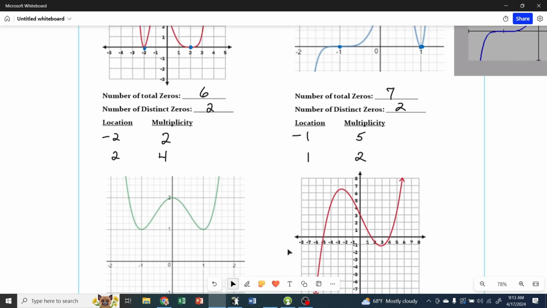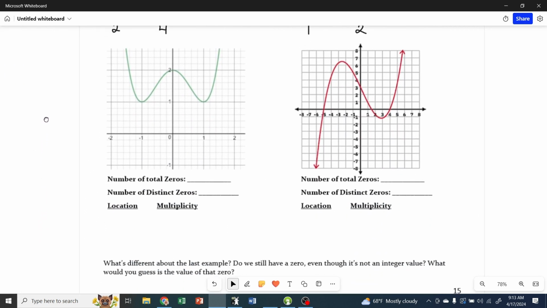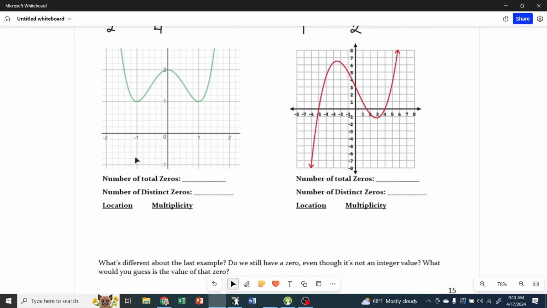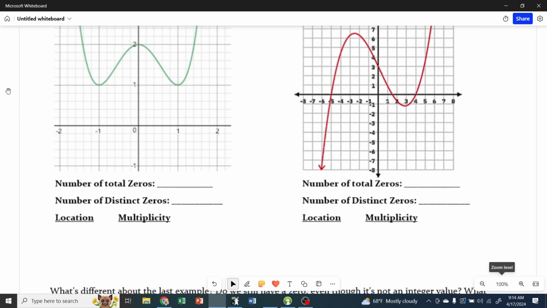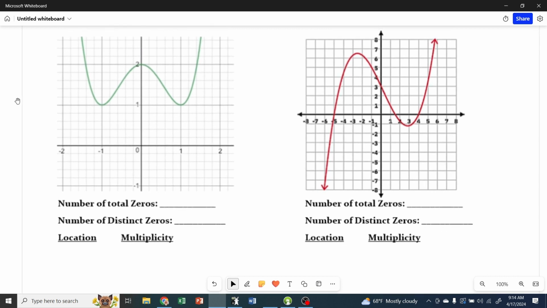So, our final piece of the puzzle here. In this graph on the left, the one in green, I have no zeros that are visible. But I do have a valley here, a peak here, and a valley here.